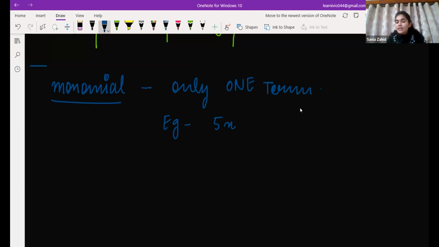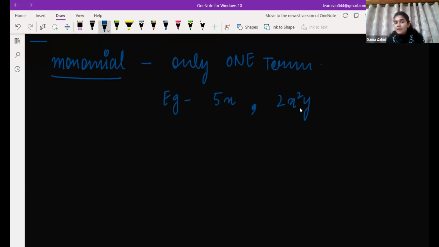I write 2x square y. How many terms are there in 2x square y? One term. So it is also a monomial. So all the expressions having only one term are referred to as monomials.